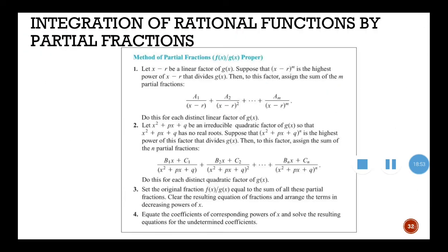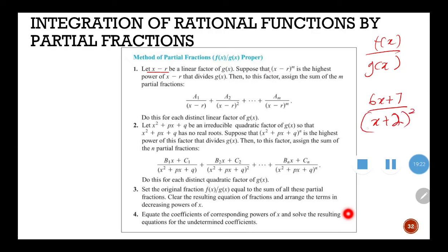Let's see here. Let's say if you have this function, x minus r to be a linear factor of g(x), the lower part. So in our case we have 6x plus 7 over x plus 2 squared. So our g(x) is x minus r here. For example, suppose that x minus r to the power of m is the highest power.